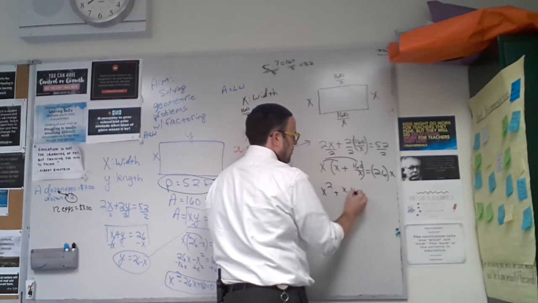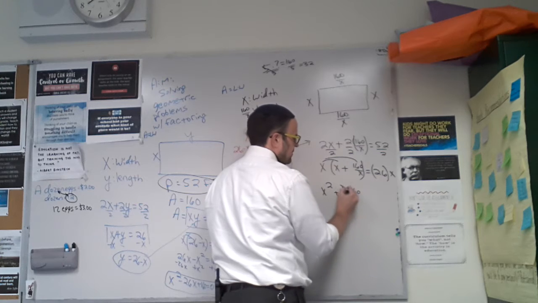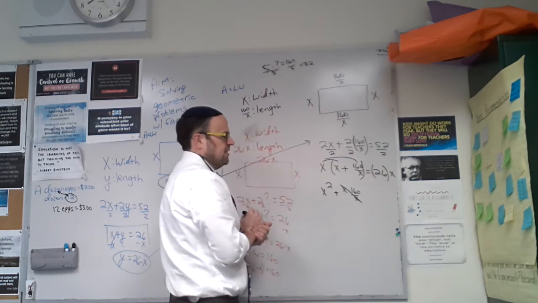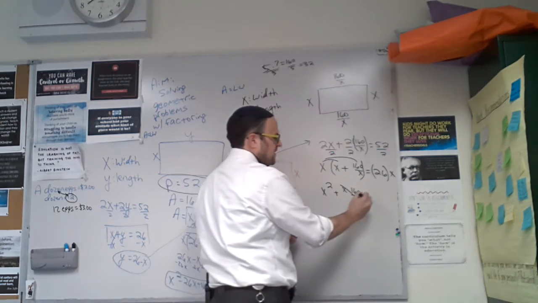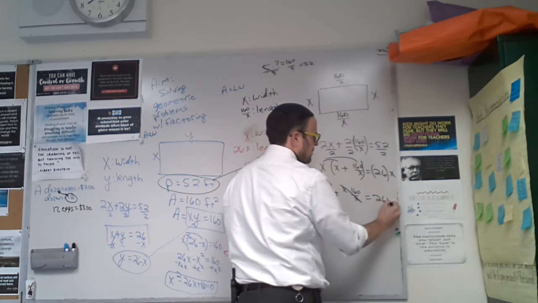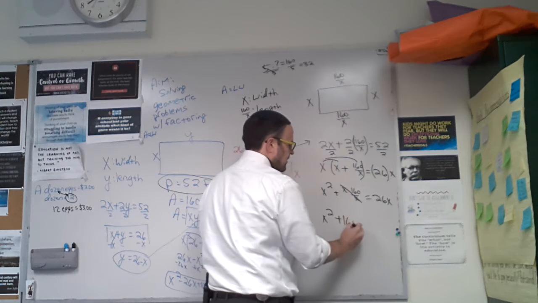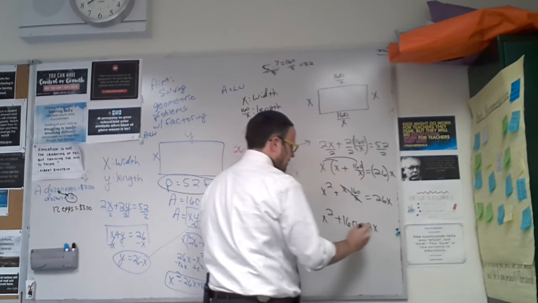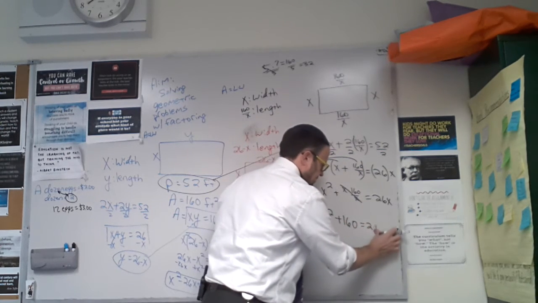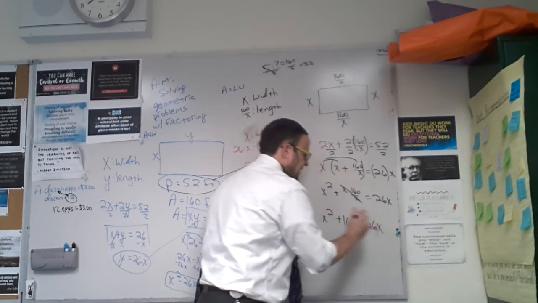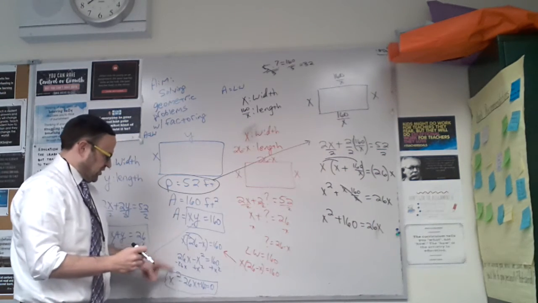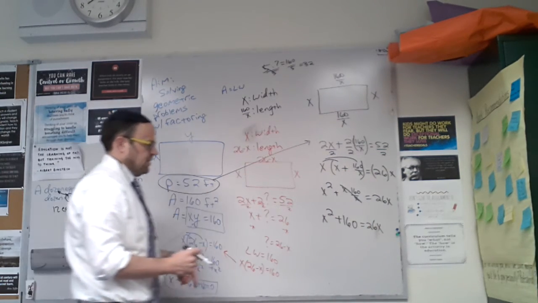What's x times 160 over x? The x's disappear. X over x is 1. And I'm left with x squared plus 160 equals 26x, which is going to turn into this.